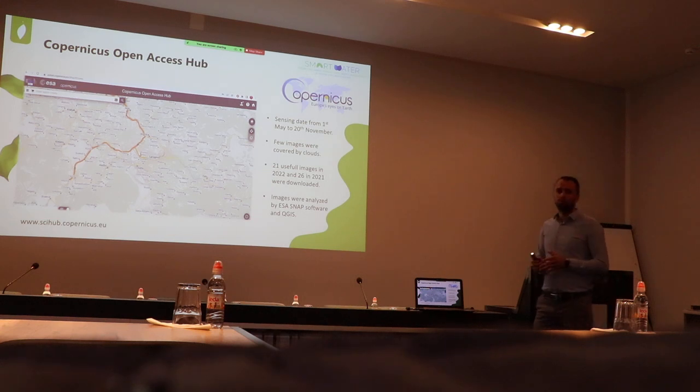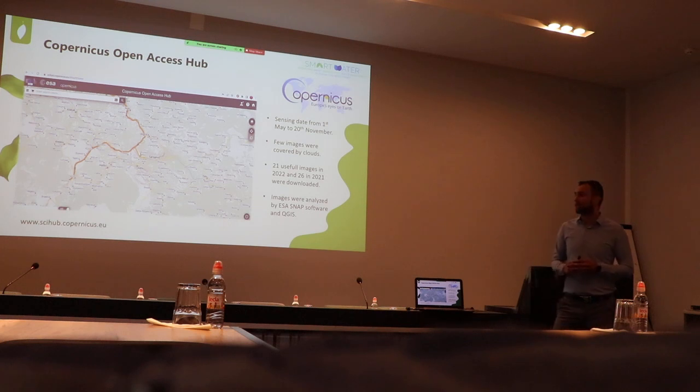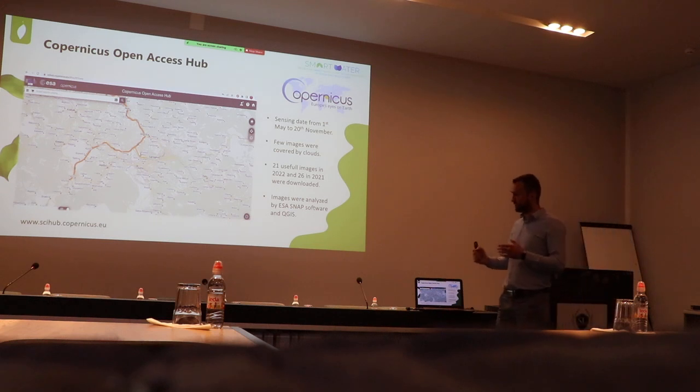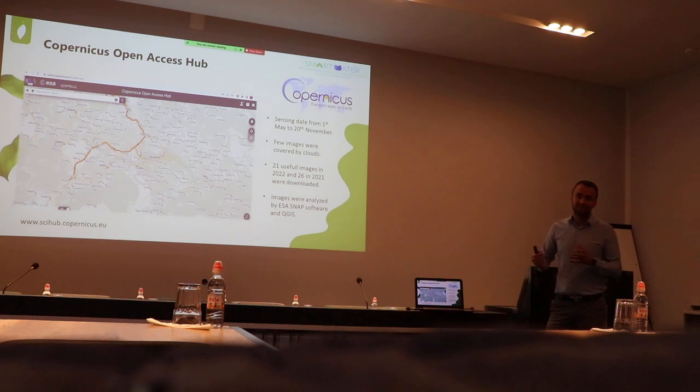The main problem with these images was the clouds. Bosnia is a specific area, so during the year you can see many clouds on many days. That is the problem for satellites to take images of the land.